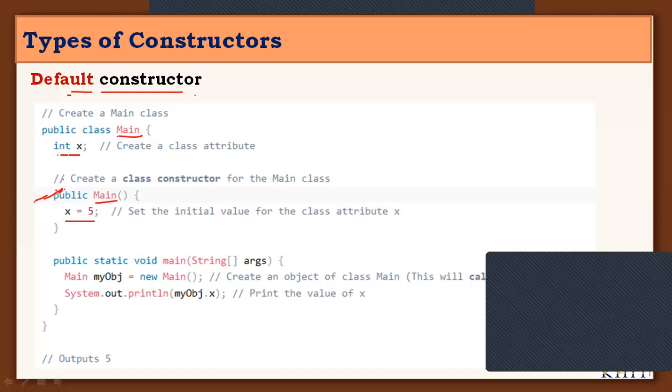Coming to the main function of the class Main, I have created one object here, Main myObject equal to new Main. It creates an object of the Main class. This will call the constructor right here, and the instance variable x is initialized with 5. When you try to display this variable through that object, it simply displays 5 on the screen. Okay, understood?